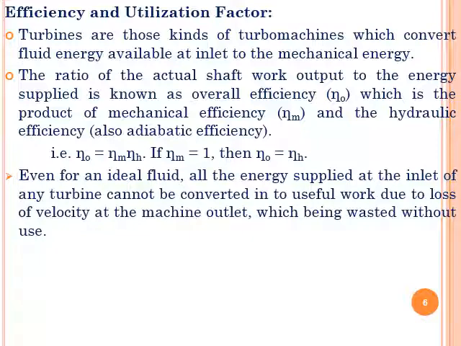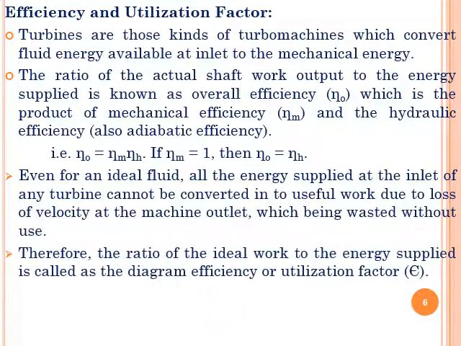Even for an ideal fluid, all the energy supplied at the inlet of any turbine cannot be converted into useful work, due to the loss of velocity at the machine outlet, which is wasted without use. Therefore, the ratio of ideal work to the energy supplied is called diagram efficiency or utilization factor. That is the definition of the utilization factor or efficiency of the turbine.